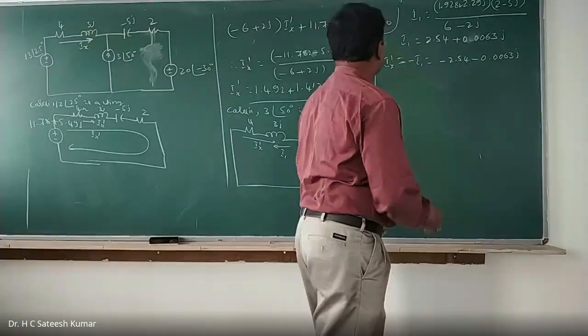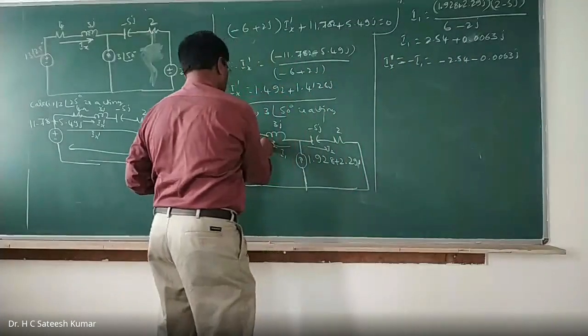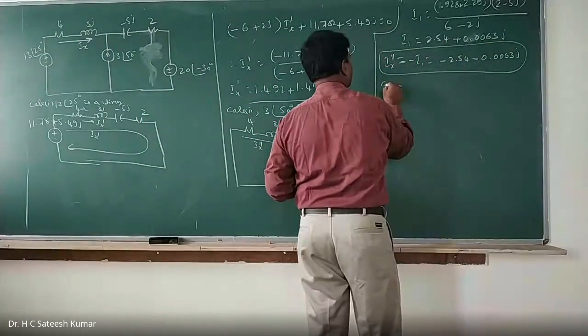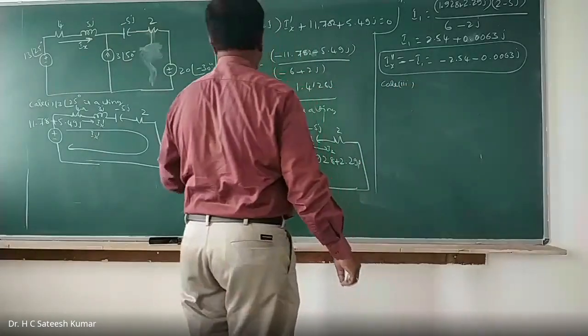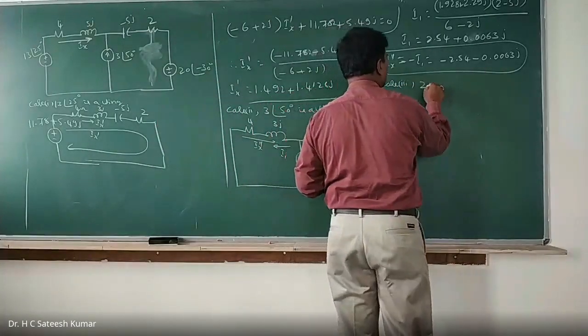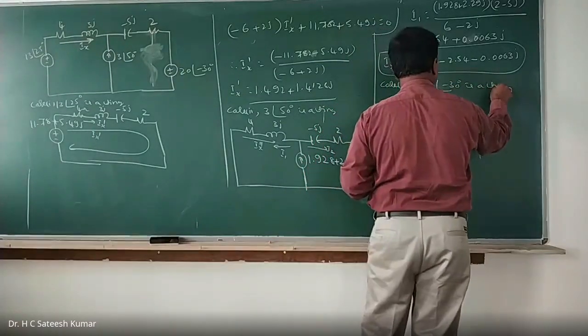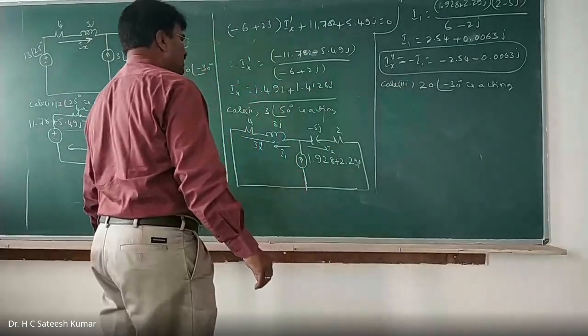Now this is Ix double dash. Case 3: the last one, 20 at an angle of minus 30 degrees is acting. So 20 at an angle of minus 30 degrees is acting.